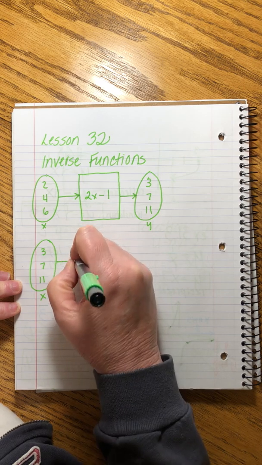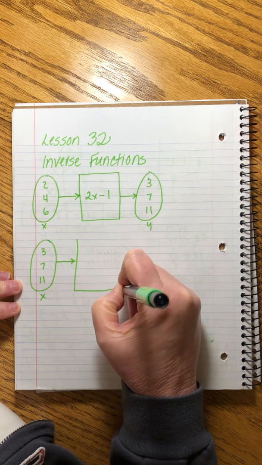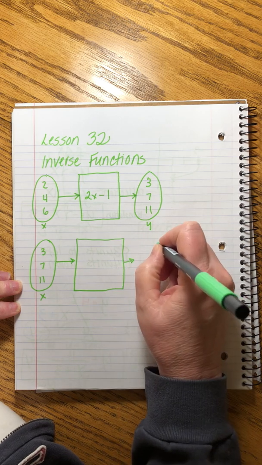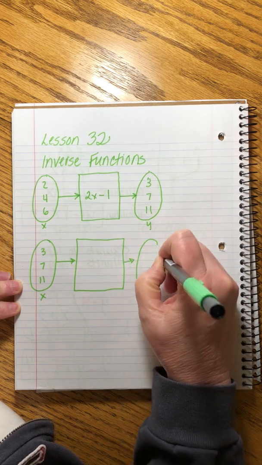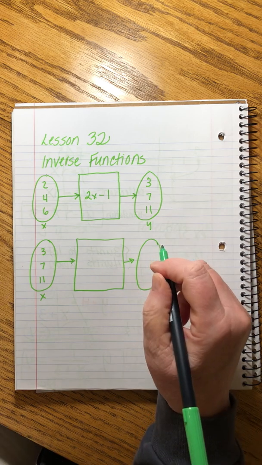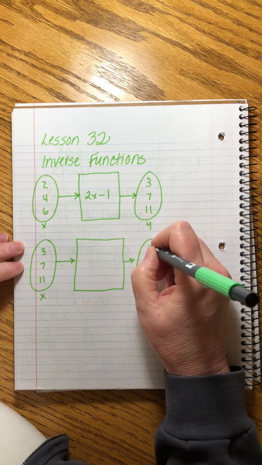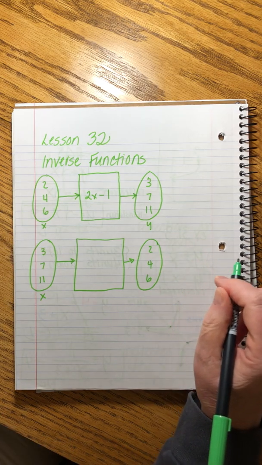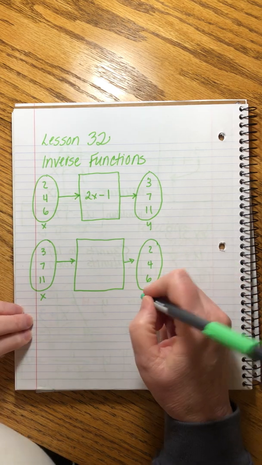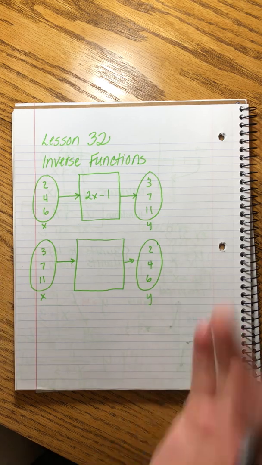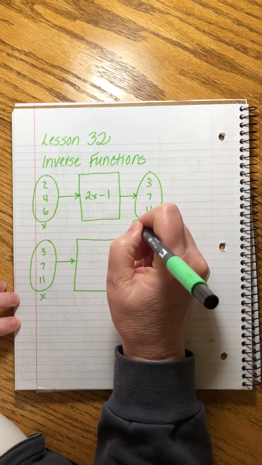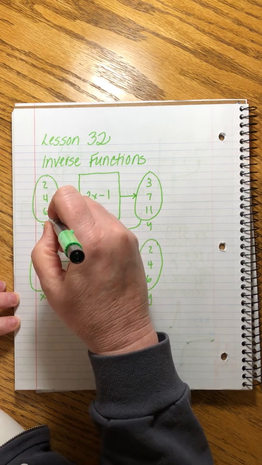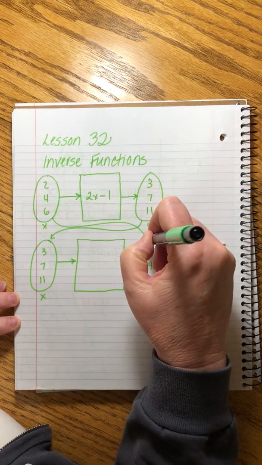And we wanted to calculate some function that would allow us to take each one of those and go backwards, kind of, and get 2, 4, and 6 as our new outputs, right? We're reversing everything. These are coming over here, and these are going over there.